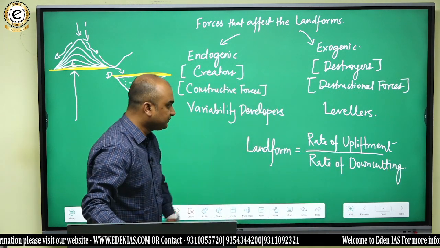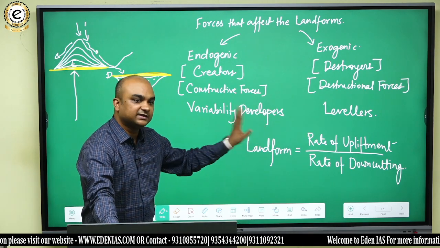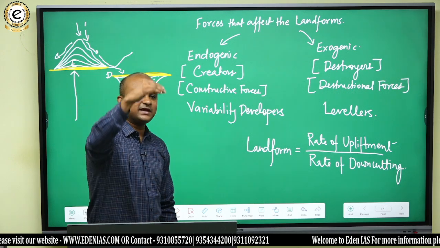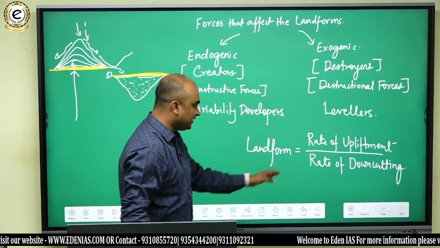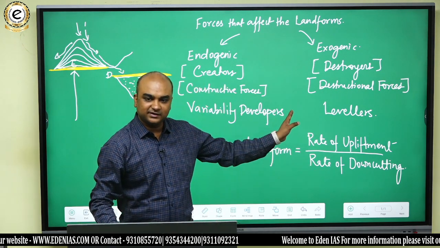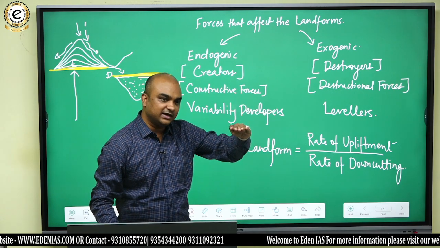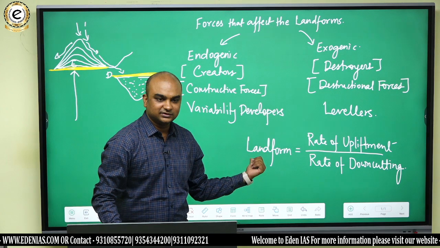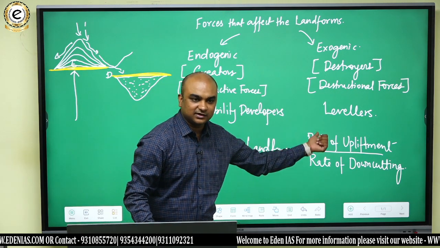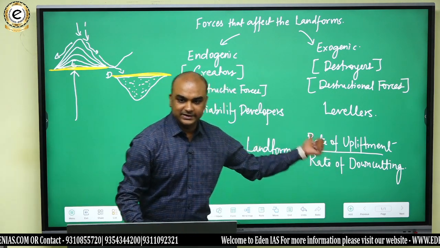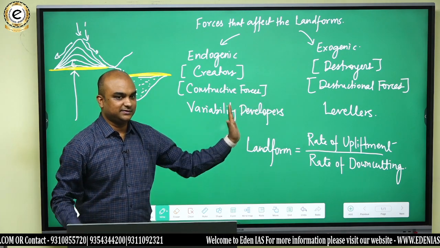Can I say if the numerator is greater than the denominator, the result would be a rising landform. If the denominator is greater than the numerator, then the result would be a diminishing landform. So all landforms are a manifestation of the constant struggle that goes on between the two set of forces, endogenetic and exogenetic. ये बात क्लियर है?